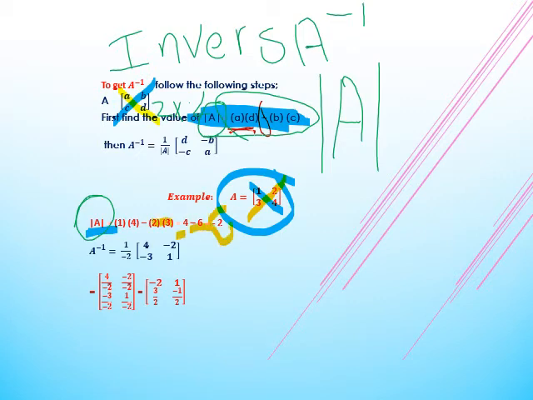So the matrix determinant in this case is equal to negative 2. Take care, this is a negative sign here, so it will be negative 2. Now, this is the value for the determinant of A, a value for the matrix with size 2 by 2.